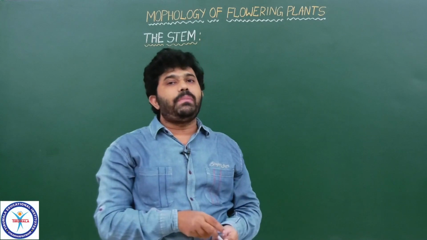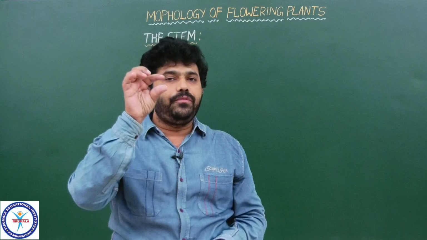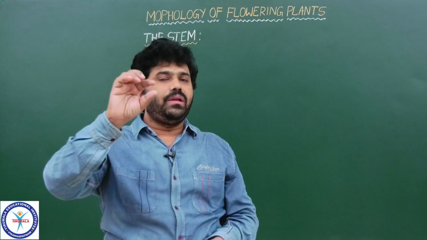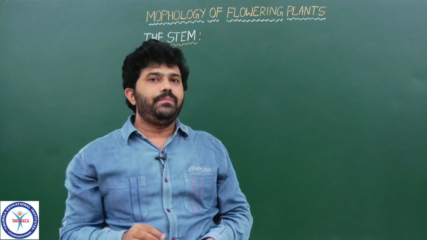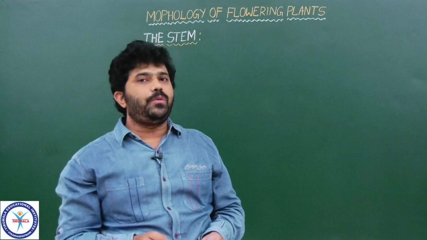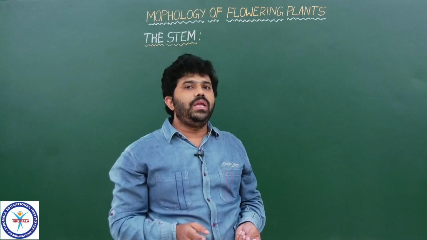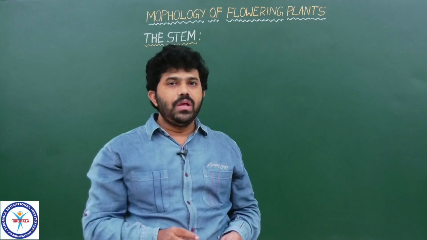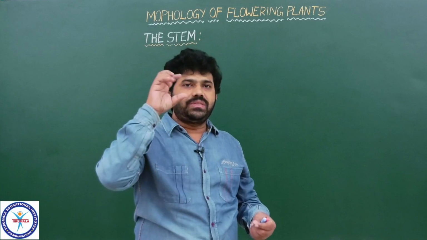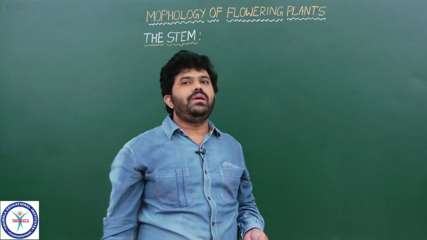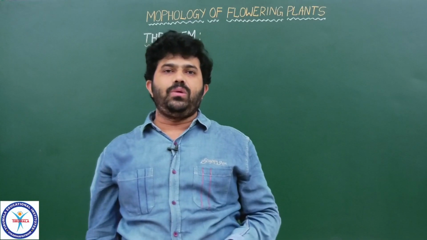The node is indicated by a leaf or a flower developing from it, or in some plants the adventitious roots that are produced. All these are newly produced structures from that point of the stem, called the node. So the stem portion that lies between two nodes is called the internode.